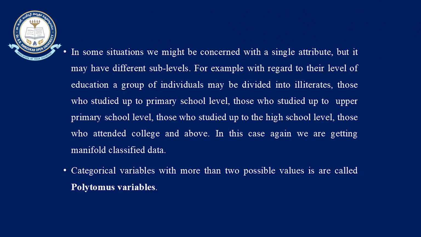Next, manifold: whether it is not deaf, not dumb, with 2 or 3 categories, a different kind of categorical data, mixing 2 or 3 possibilities, is called manifold classification. A categorical variable with more than 2 possible values is called a polytomous variable.